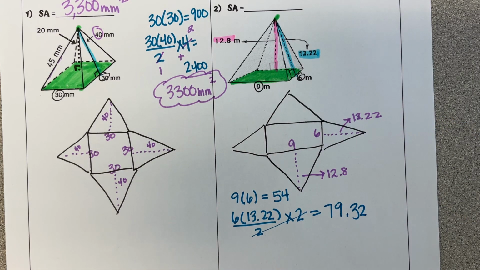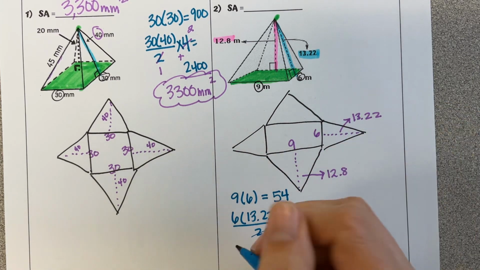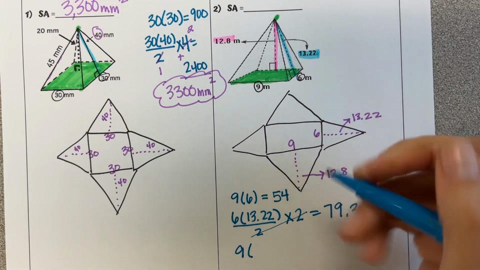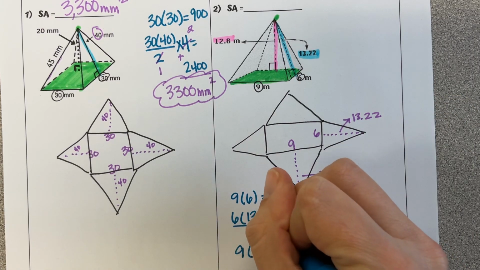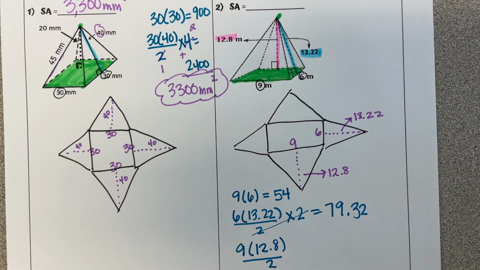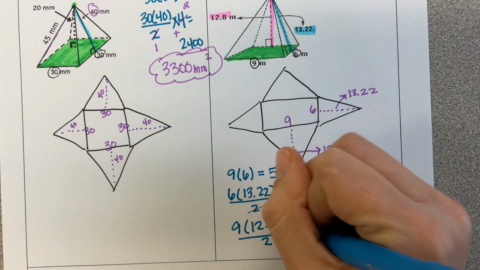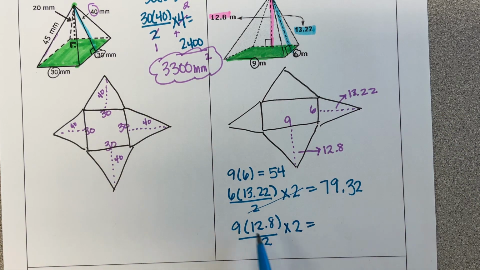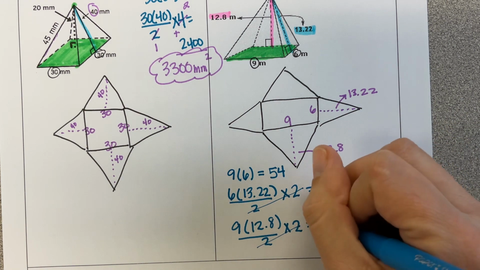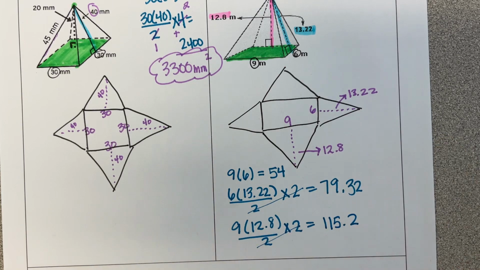And when you multiply that, you get 79.32. Then for our other triangle, we have a base of 9 times a height of 12.8 divided by 2 for one of the triangles, but we have 2 of those. Again, we can calculate it this way, or you can realize that those 2's cancel each other out. When you multiply, you get 115.2.